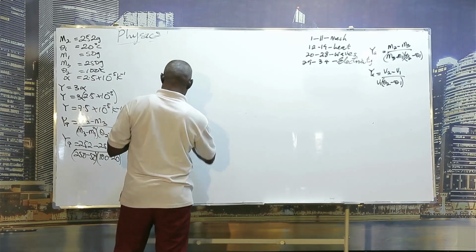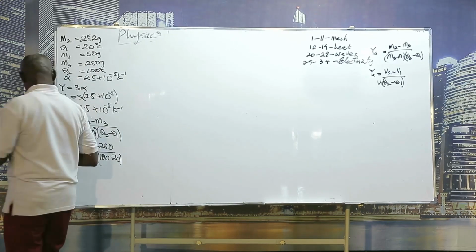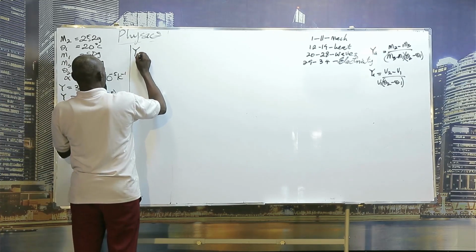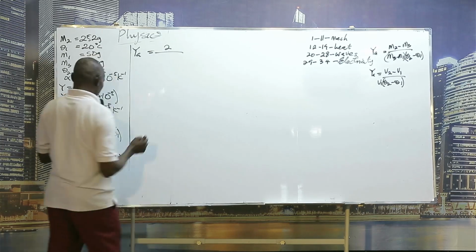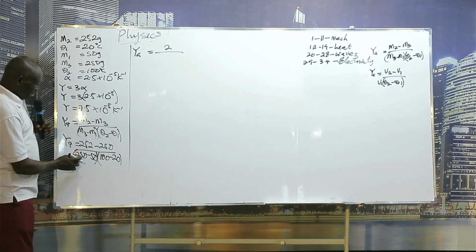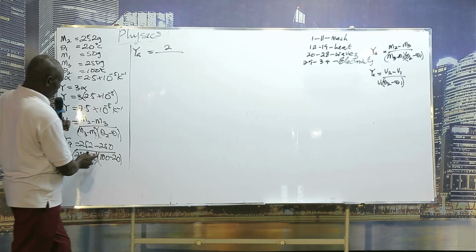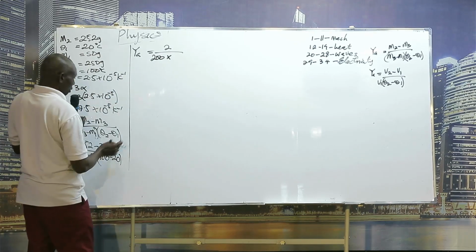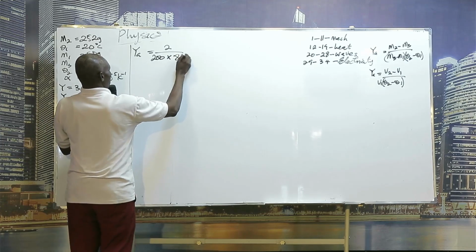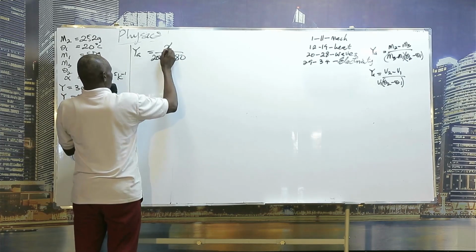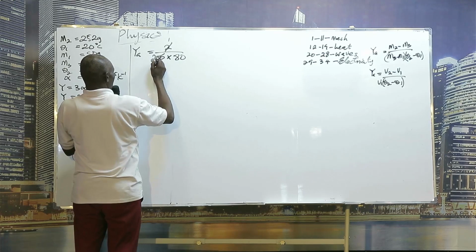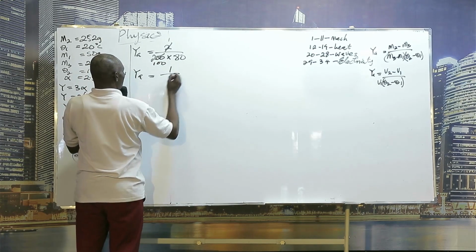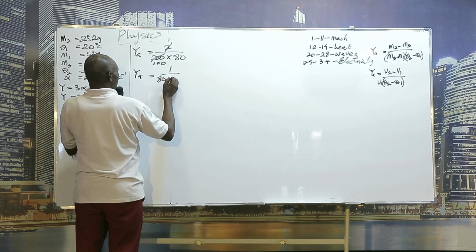So this one now, YA will be 2 over this minus this. So I have here 200 times 8. So this can cancel this to 1, this to 1, this to what? So YA will be 1 over 8000.